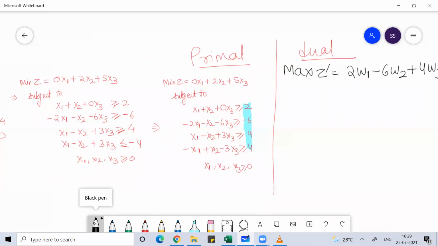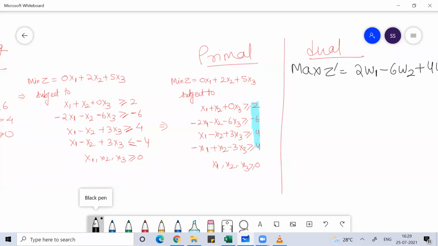Guys, 1 minute. So if you write this, minus x1 plus x2 minus x2 greater than or equal to 4, how will the minus sign come here? 1 minute, there's a mistake. This is less than or equal to 4. So x1 minus x2 plus 3x3 less than or equal to 4.